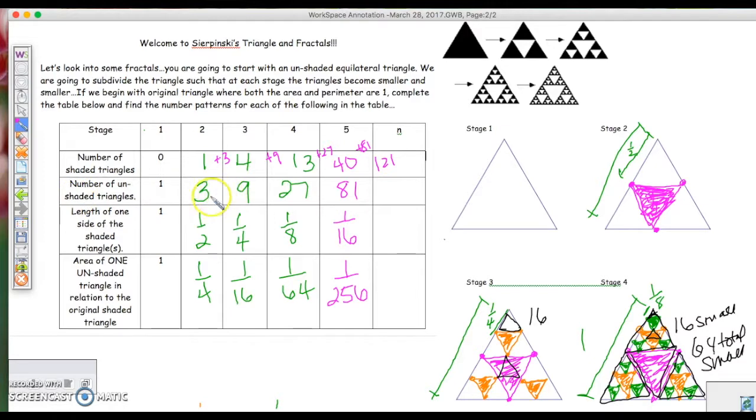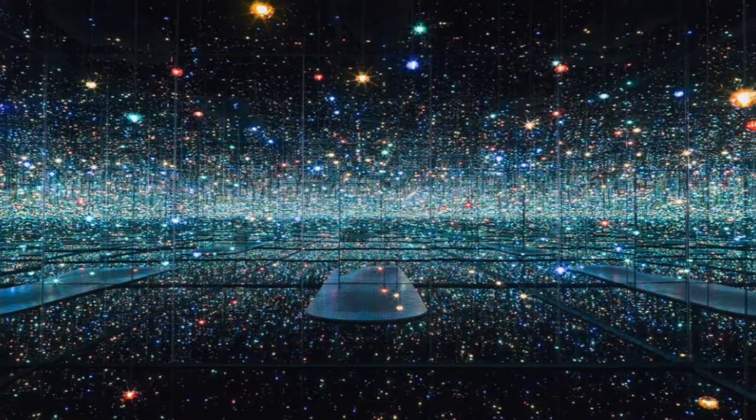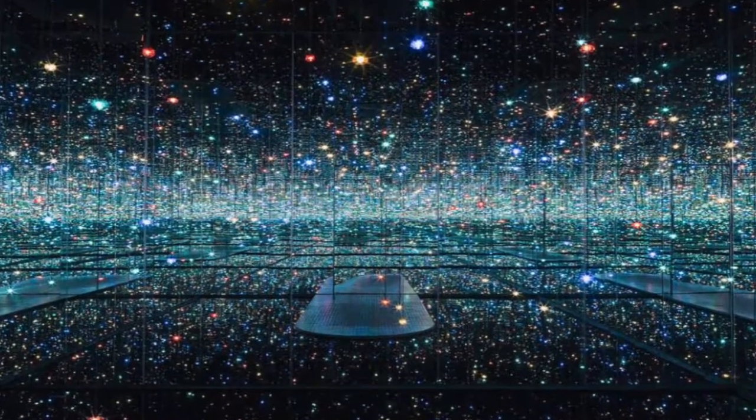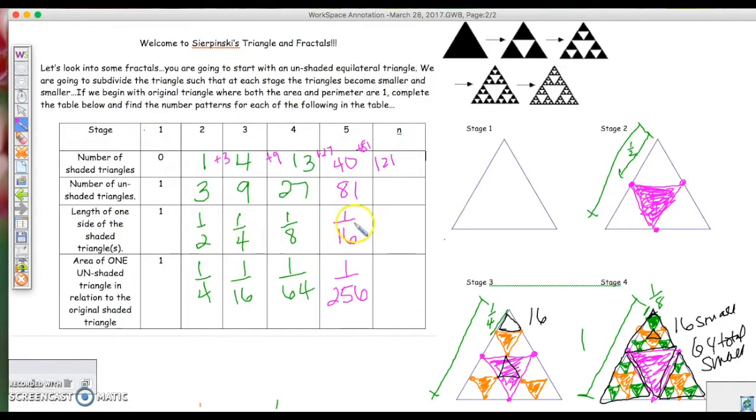Now, what you could also do is you can look at this row, and you can say these numbers keep getting bigger and bigger and bigger. Where are they going? And they should be able to say infinity. They're going to shout that word out, infinity, which is kind of neat. And then you can look at these numbers and say to them, what's happening to those numbers? And they should be able to tell you they keep getting smaller and smaller and smaller.